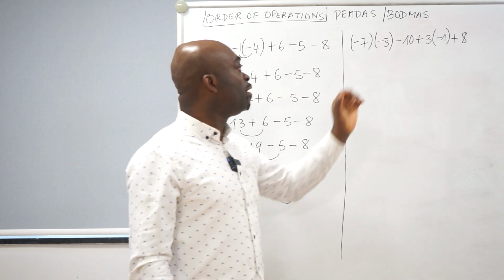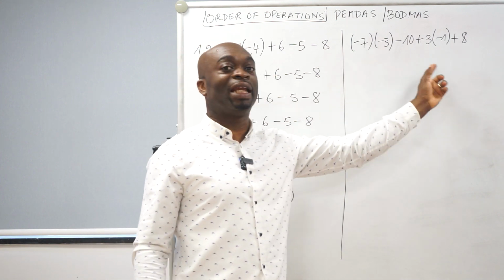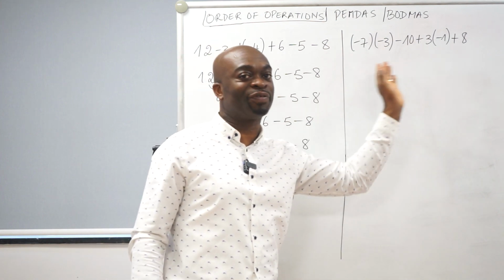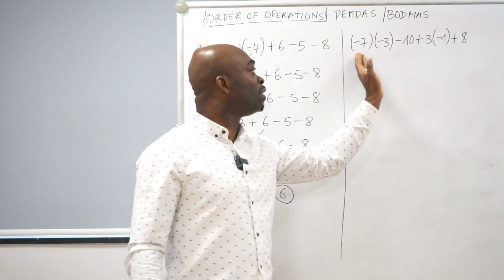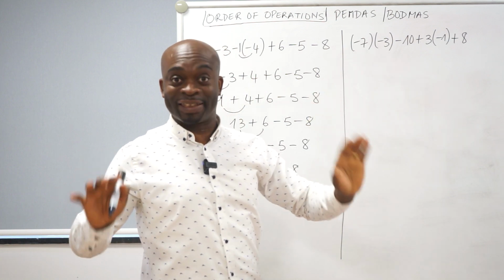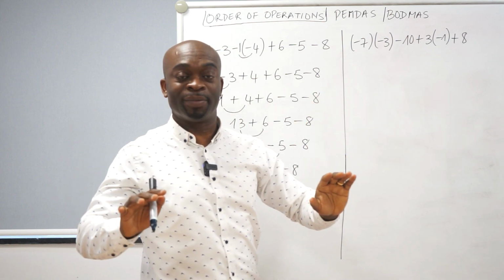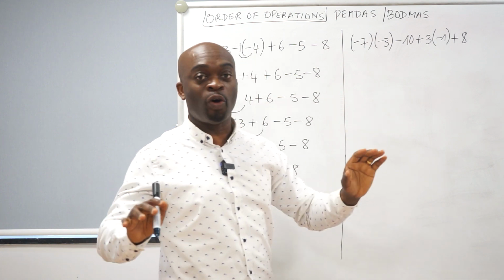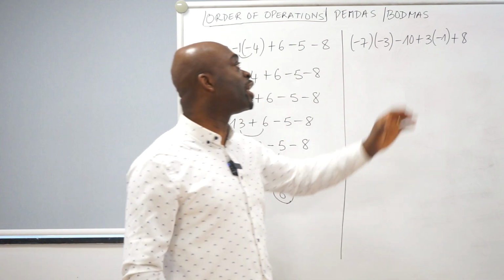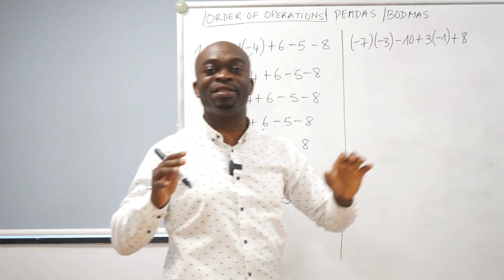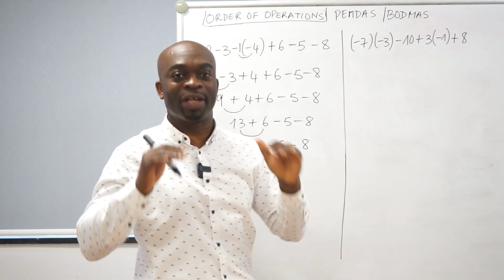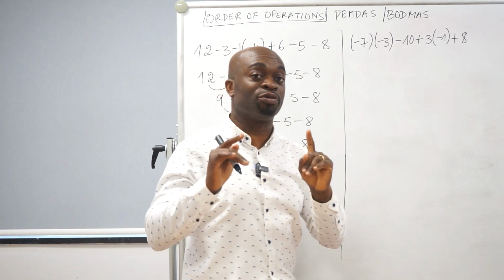No. But we are going from the left to the right. Remember, we're going from the left to the right for now. You can always do that all the time, not just for now, but all the time, okay? But like I said before, once you know what you're doing, you can go inside here and do things in there. That will still be okay.